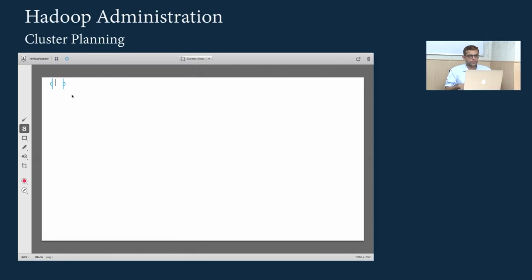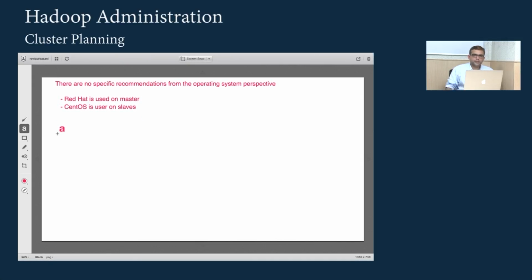So first thing, there are no specific recommendations from the operating system perspective. Most commonly, Red Hat is used on master and CentOS is used on slaves.